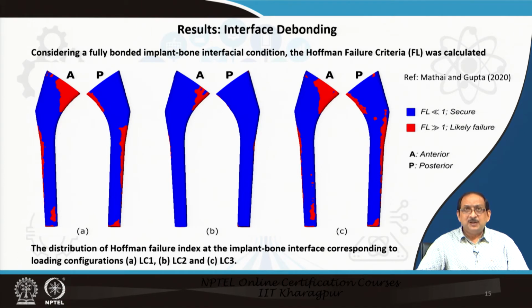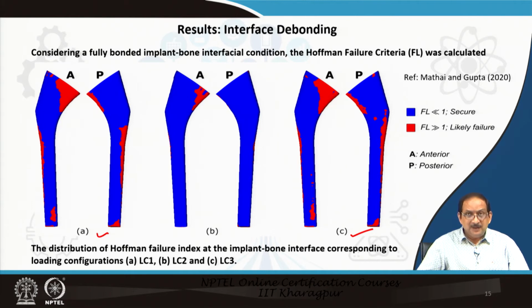Let us now consider the distribution of Hoffman failure criteria at the implant bone interface for different loading configurations, as presented in the figure. A similar pattern of the Hoffman failure criteria was observed at the anterior medial part of the implant for load cases 1 and 3.